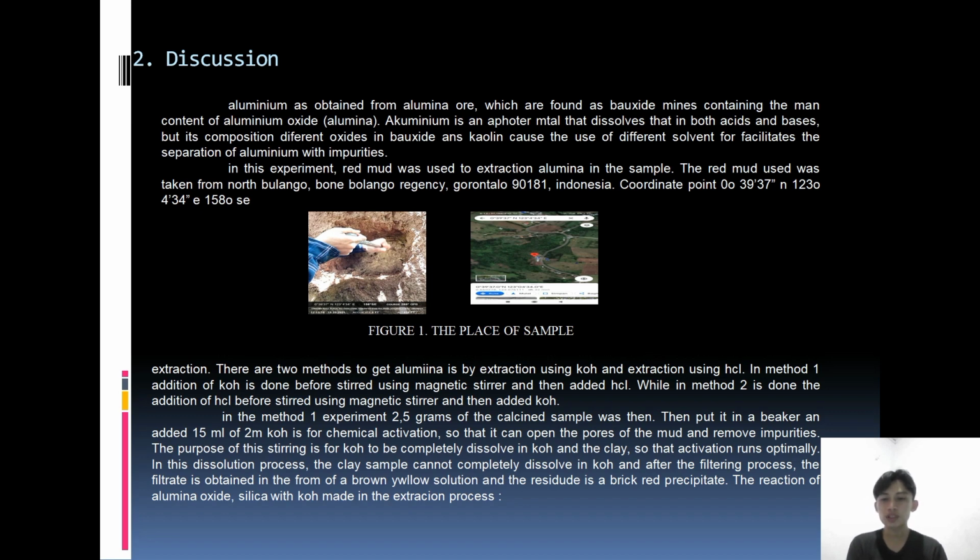In this dissolution process, the clay sample cannot completely dissolve in KOH, and after the filtering process, the filtrate obtained is a burnt yellow solution, and the residue is a brick red precipitate, the result of alumina oxide and silica with KOH in the extraction process.